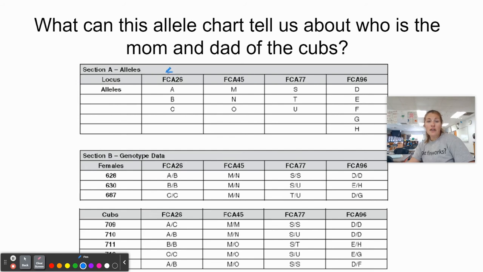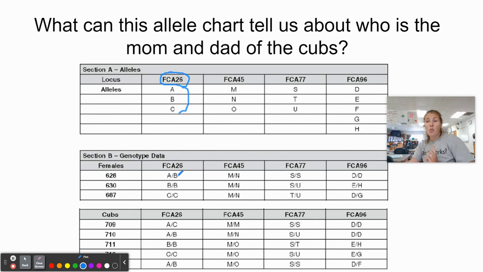Up here for my locus for gene FCA26, that might be a gene for hair color or an enzyme or claw length or tail length or anything like that in that lion. There are 3 alleles, or 3 versions, of that gene. If we look at female 628, she has version A and version B. Whatever those 2 are, that is what she has.